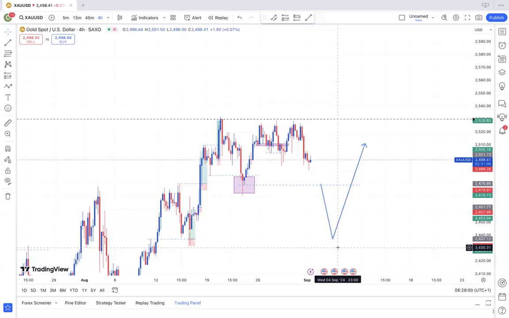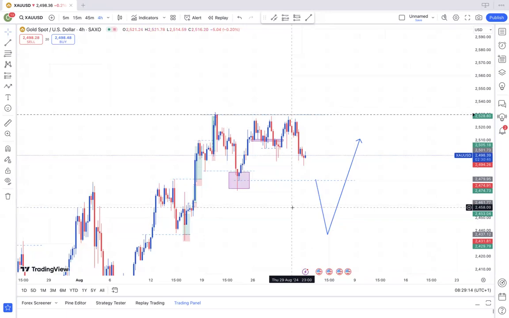Now, if you have a $1,000 account, and you ask yourself, okay, per trade, what I want to risk is $50, and the stop loss is 25 pips, okay?